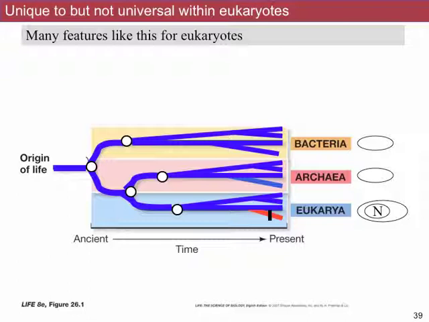If you overlaid this onto a tree, the common ancestor is probably gram-negative. And then this gram-positive cell envelope structure, which is shared by two groups, appears to have evolved once because those two groups are sister taxa. So in essence, you can consider it to have happened on this branch here.